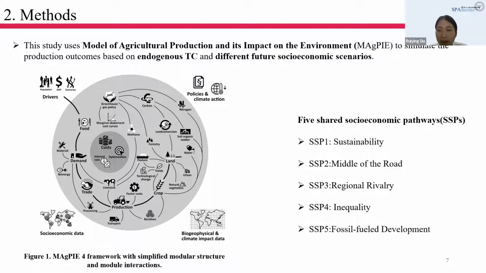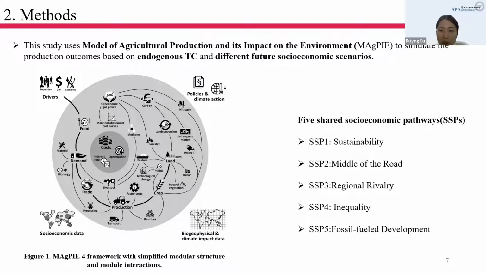We combine an agroeconomic land system model with a well-recognized TFP calculation method to measure TFP changes in China's crop sector. Firstly, this study uses the Model of Agricultural Production and its Impact on the Environment, hereinafter referred to as MAGPIE, to simulate the production outcomes based on endogenous TC and different future socio-economic scenarios.